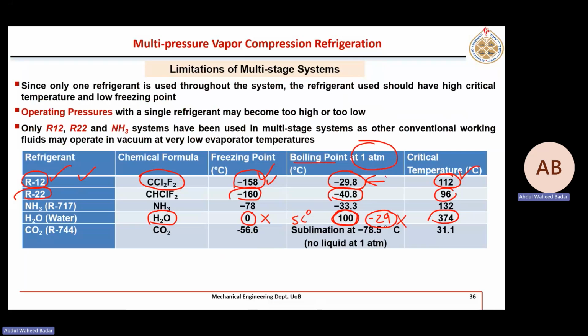So that's why these are very ideal fluids, because to evaporate them at 5 degrees Celsius, for example, I want to evaporate these two at 5, not minus 29. Do we need to create a vacuum? No, you have to pressurize, because at 1 atmospheric pressure its boiling point is minus 29. So you have to pressurize, not create a vacuum. Pressurizing is okay.